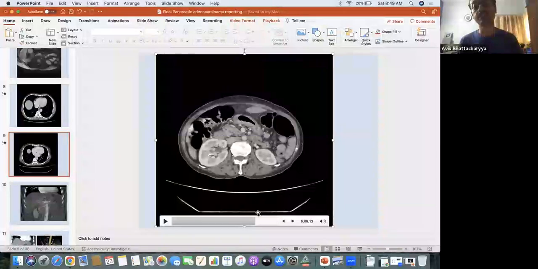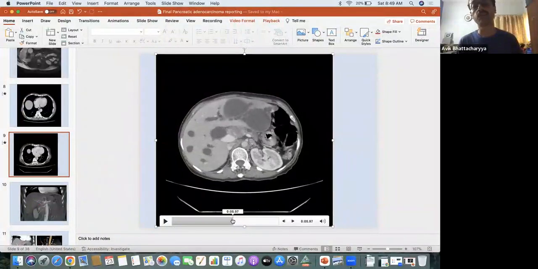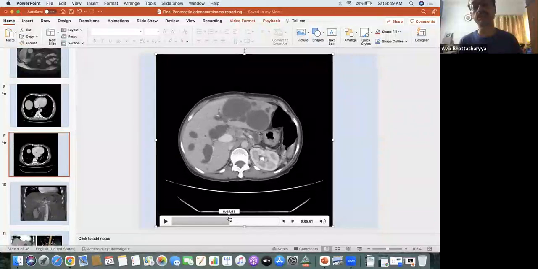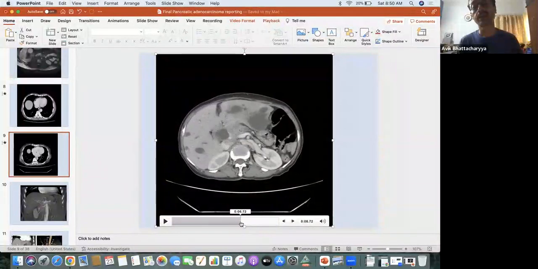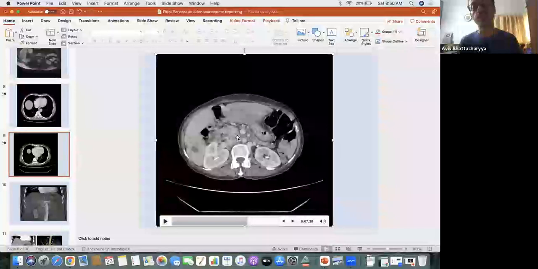So in this particular patient, we have lymph nodes here. If I go up, these are encasements; the celiac trunk is also encased by the tumor. And if I go down, these are the lymph nodes here. You can see the soft tissue structure here. This is the inferior vena cava, this is the aorta, this is an aortocaval lymph node, this is a retropancreatic lymph node.